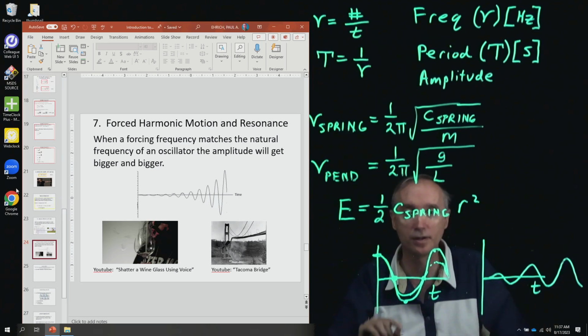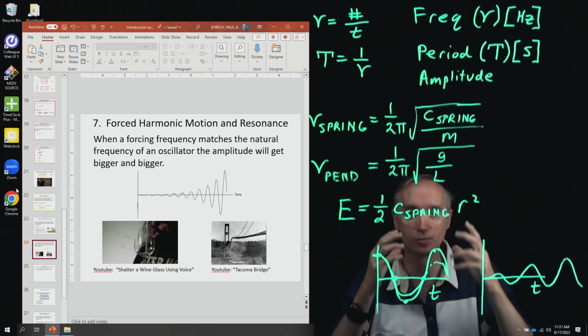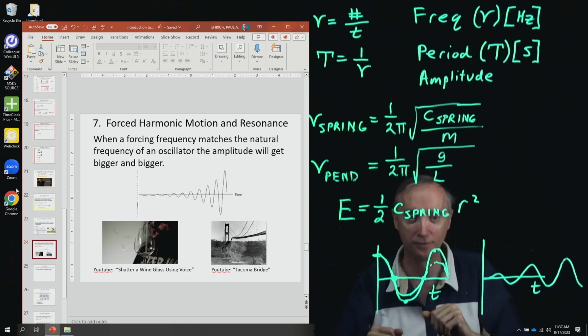If your voice can match that frequency, you can break the glass. Notice he was wearing eye protection, so you don't get glass in your eye. Pretty hard to do, but it can be done. You just need to match the frequency of the glass.